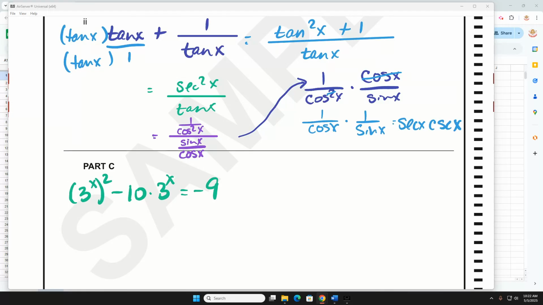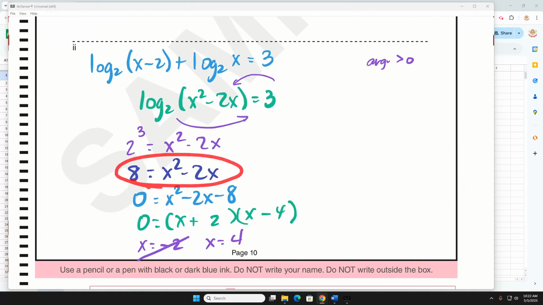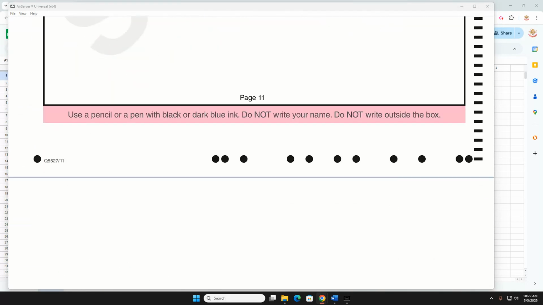Now, believe it or not, this is very, very much like this. We're going to do the exact same things, but we don't have x squared. We have 3 to the x squared. And we don't have x here. We have 3 to the x. But we are literally going to do the same exact thing.